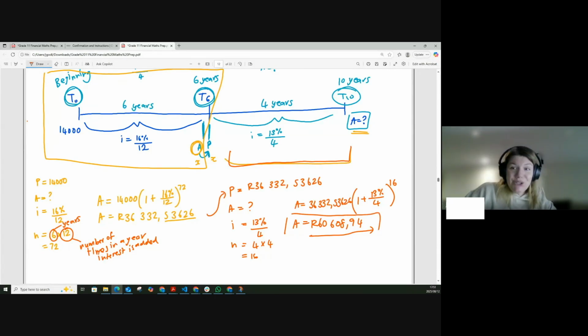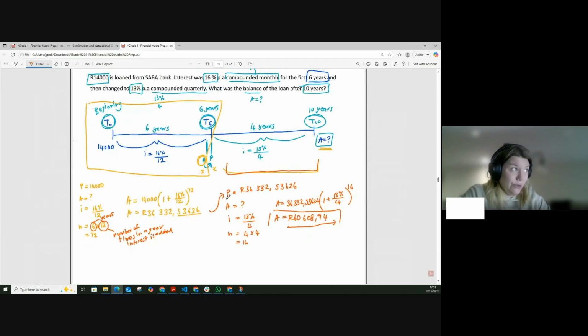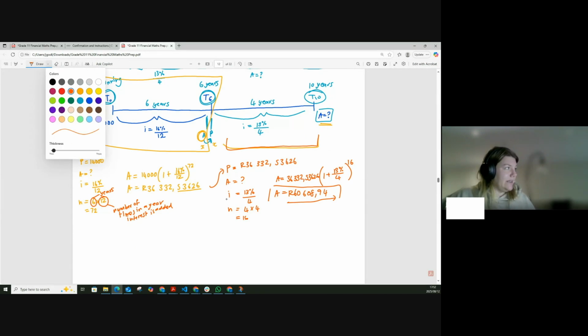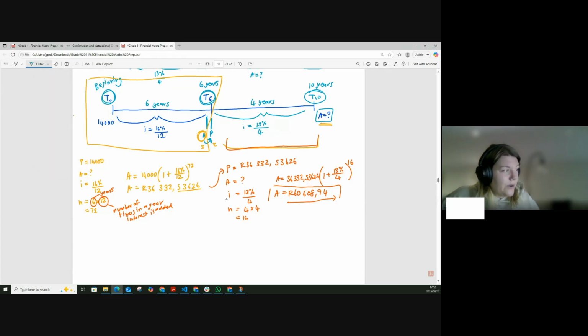If we wanted to do this in a slightly easier way, so can you see, Leigh, I am speaking to you when I say this, because then you do not need to worry about rounding off early. I'm going to do it in a different color so that it's a little bit clearer. We know that this A value is our P value for our next question, right? So we can just write it exactly like that.